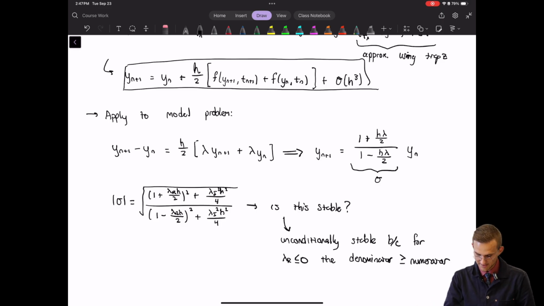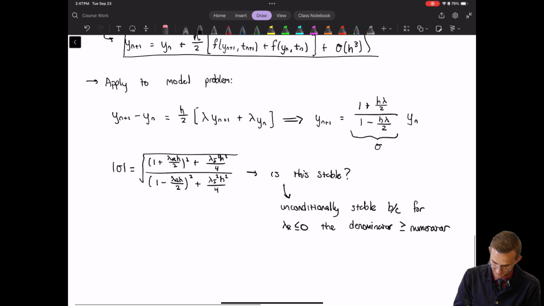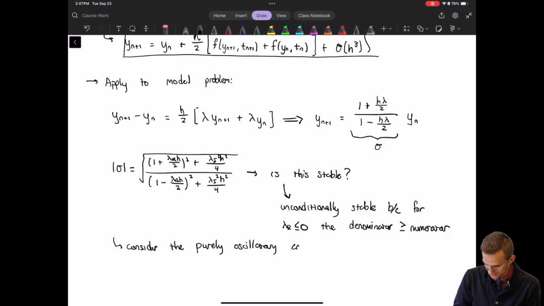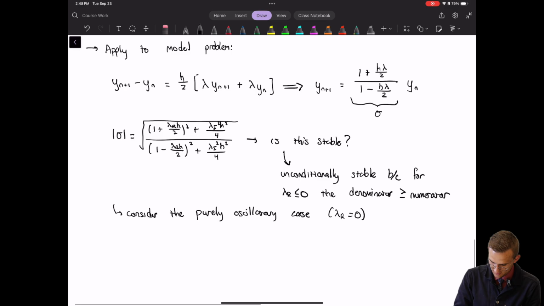Okay, and then another thing to note here is that consider the purely oscillatory case, which is that lambda r is equal to 0, right? In that case, the magnitude of sigma goes to 1.